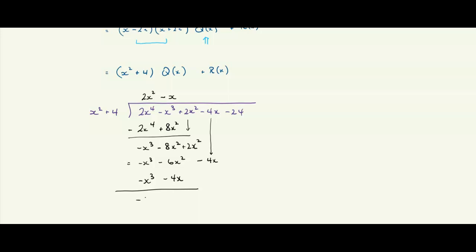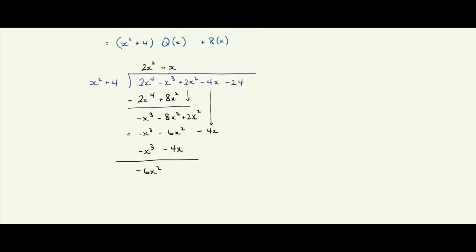I've got negative 6x squared. Just keep an eye on things here. Negative 4x minus negative 4x, that's cancelled out. All right, so I've got negative 6x squared. And now I'll bring down my negative 24 into the fray. I've just got a minus 6 to run through to get rid of the minus 6x squared, but magically the minus 24 gets me back to 0.